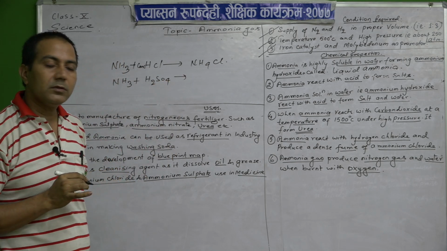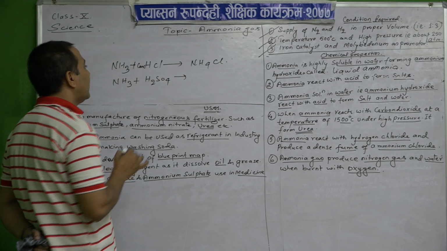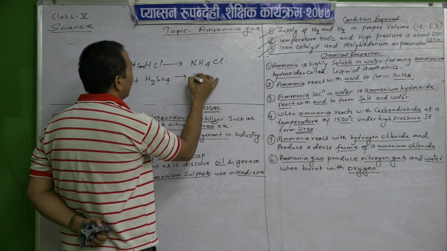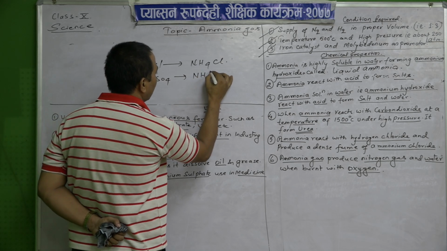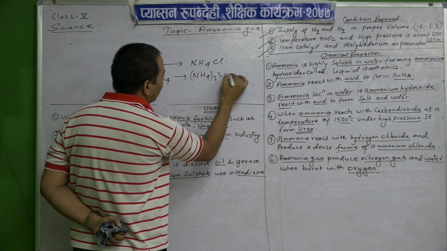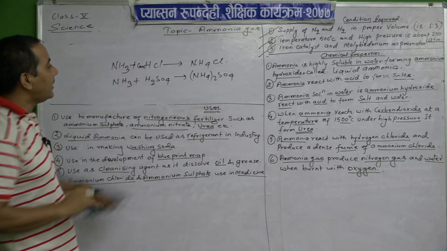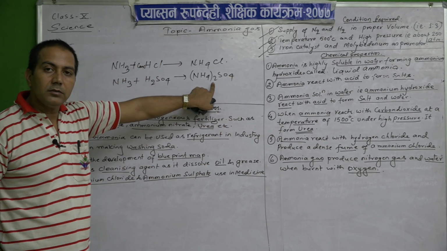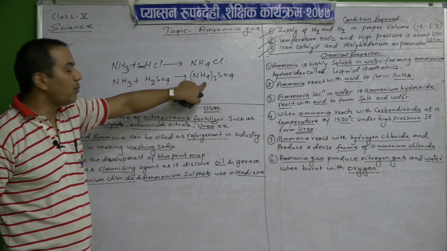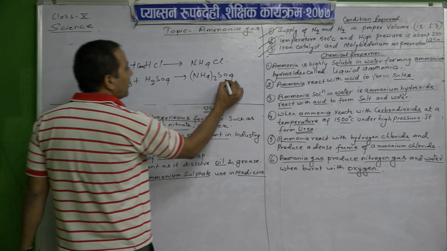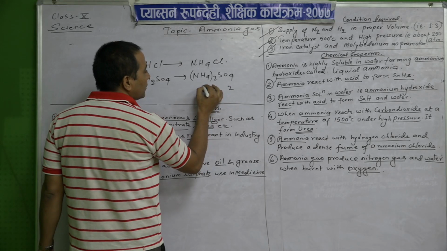Or if we react ammonia with sulfuric acid, then what happens? It will produce a salt. What is the salt? That is (NH4)2SO4. Why this 2? Because the valency of the sulfate is 2, whereas ammonium is 1.